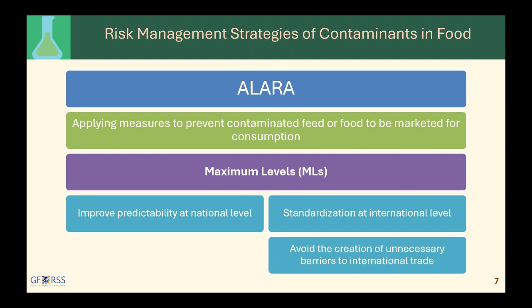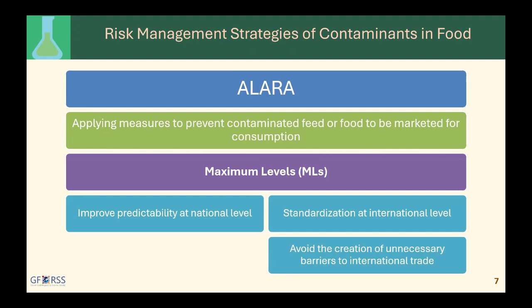Now, at an international level, if we did not have harmonized maximum levels, and thank God we have Codex helping us in this, I would be exporting, and an importing country would be applying its own national maximum levels. Let's say it has a maximum level of 1 ppm. Another country, 0.5. A third country, 4 ppm.